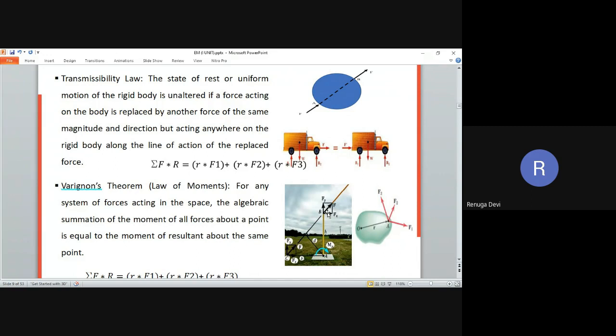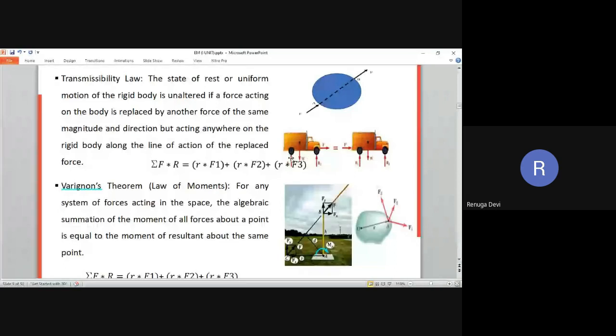Then the transmissibility law. It's very important. The state of rest or uniform motion of a rigid body is unaltered if the force acting on the body is replaced by another force of the same magnitude. A simple example is a lorry or vehicle: when you are pushing at the back or pulling in the front, both are the same. That is the meaning of transmissibility.